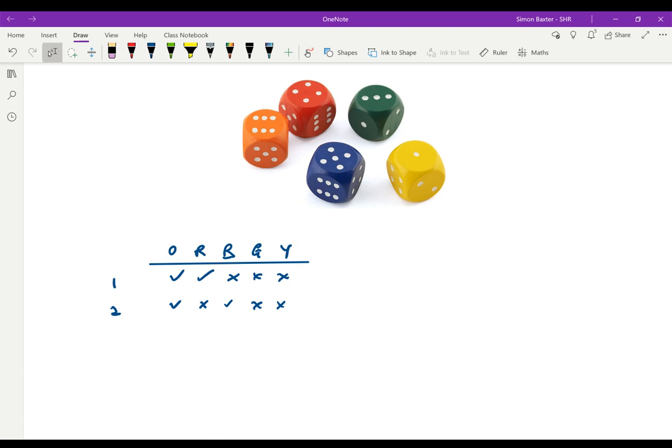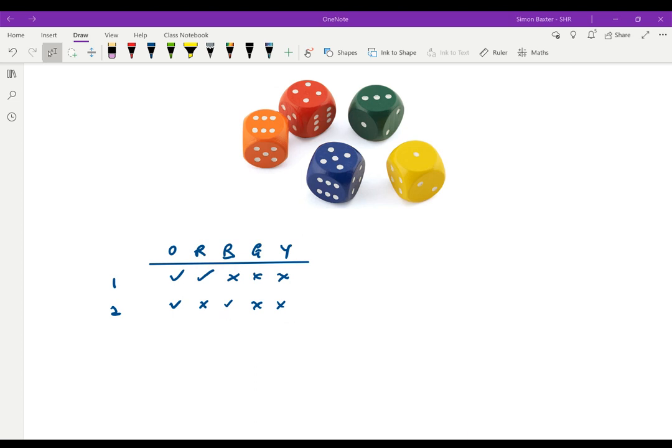And what I want to do is to count the number of ways in which we can get 2 6s. We could get 2 6s by having a 6 on the orange, a 6 on the red, and miss out on the other 3. Or another way of doing it would be a 6 on the orange, not on the red, a 6 on the blue, not on the green, and not on the yellow.